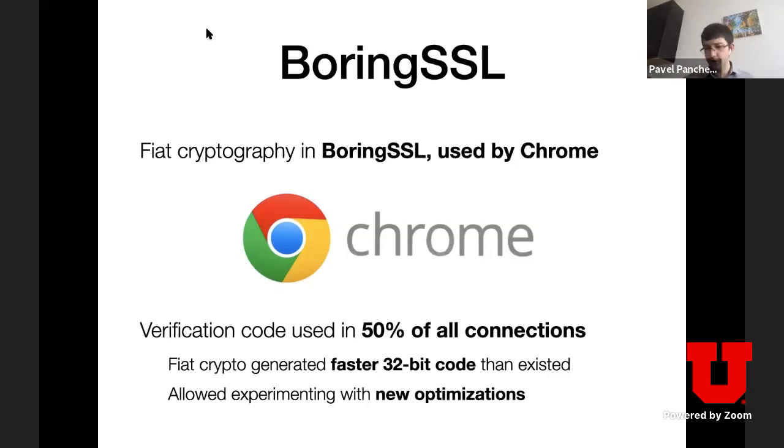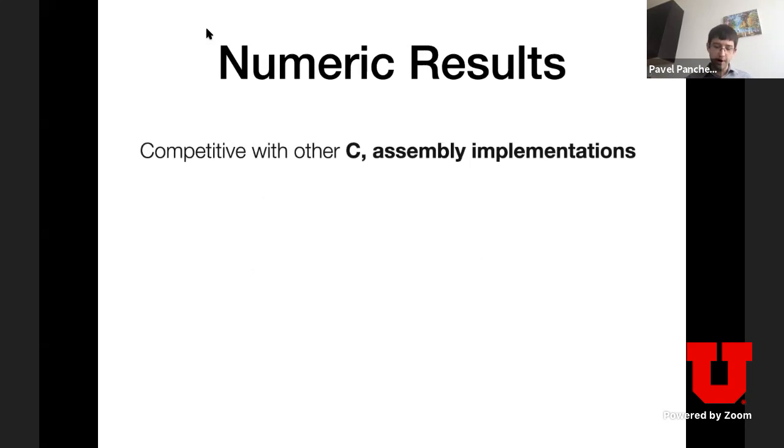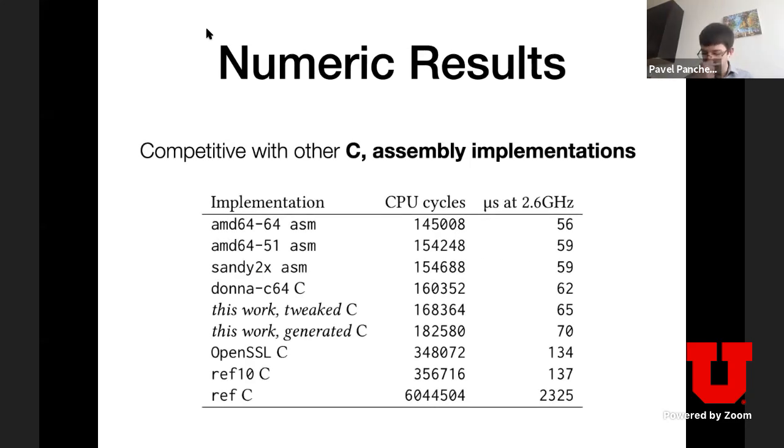So on that speed question, here are some numeric results. This is specifically, I think, for P256, not 100%. No, I think this is X25519 results, but you can see the paper for both tables. This is just a screenshot of the paper. Here is the paper results in question. It generated some C code, and then they had some simple tweaks to the code that made it significantly faster.